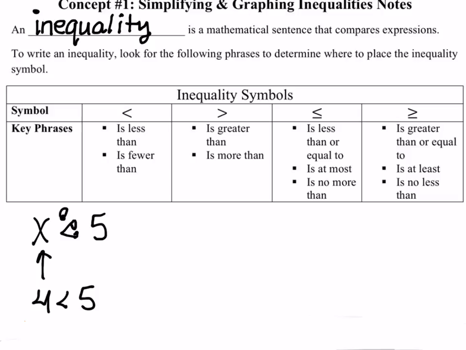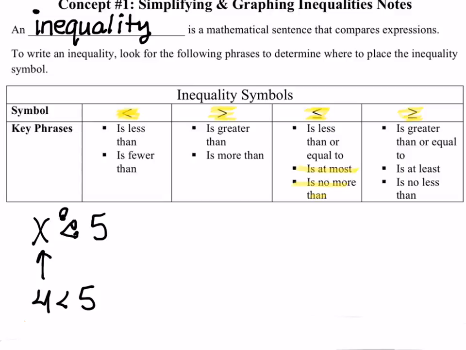There are 4 different types of inequality symbols. We have our less than sign, our greater than sign, a less than or equal to, or a greater than or equal to. Some key things that come up along the way, especially when we're hitting our pre-algebra level, are things like less than or equal to could be at most or no more than.